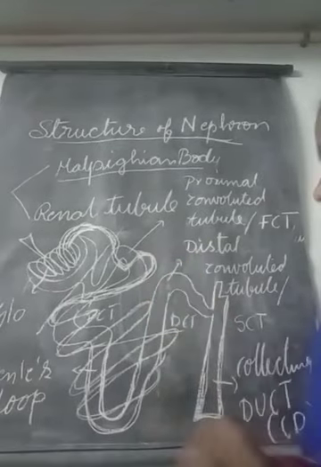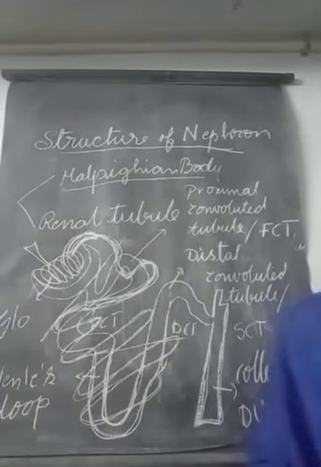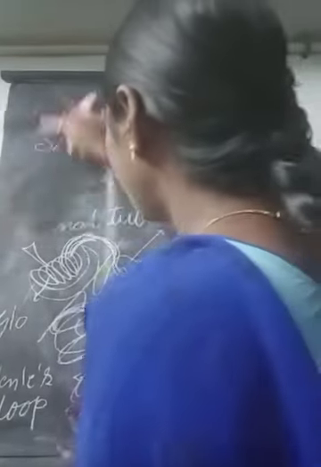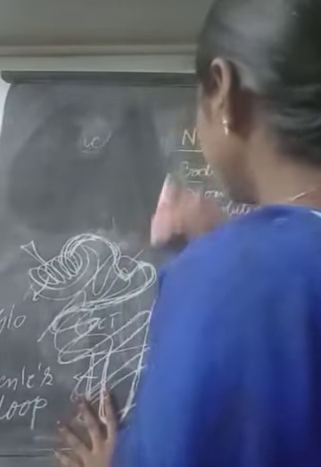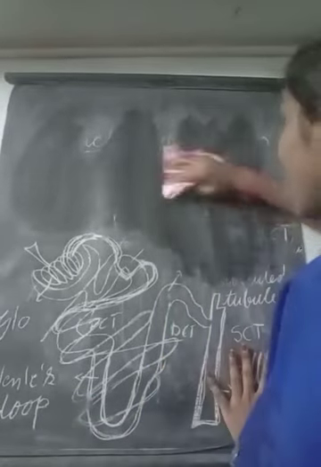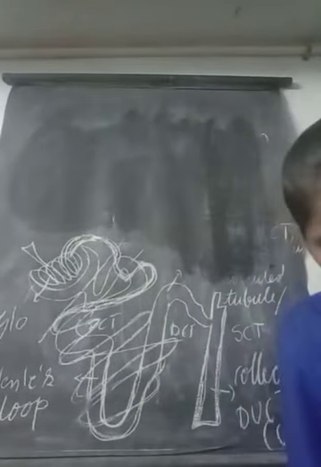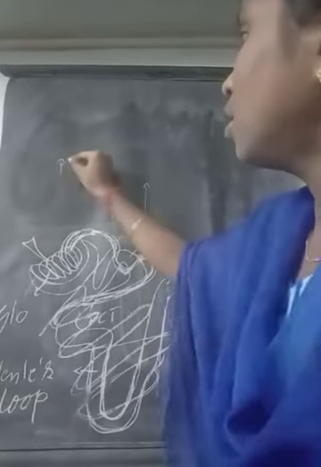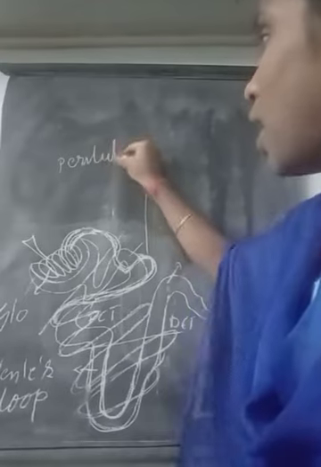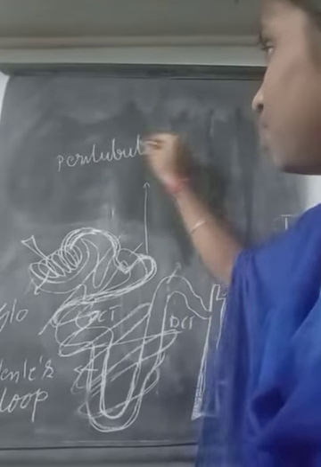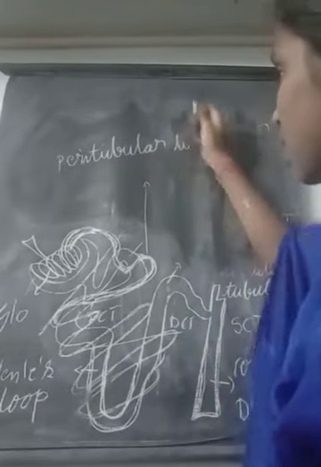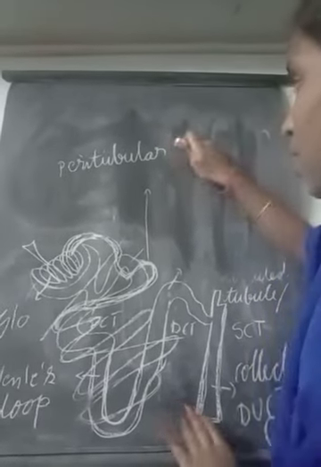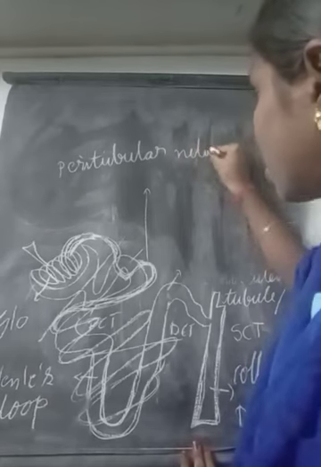What is that network called? That network is called the peritubular network.